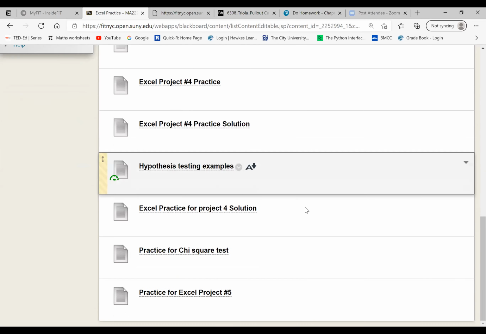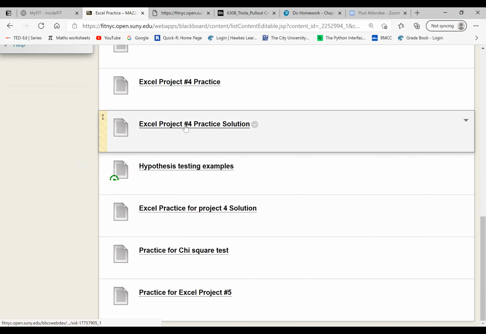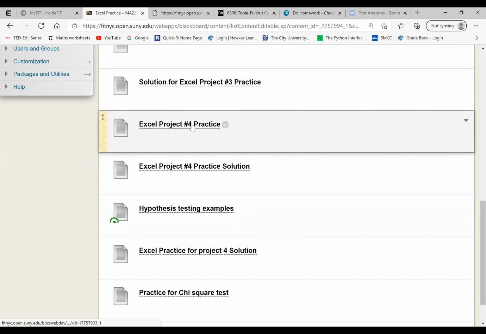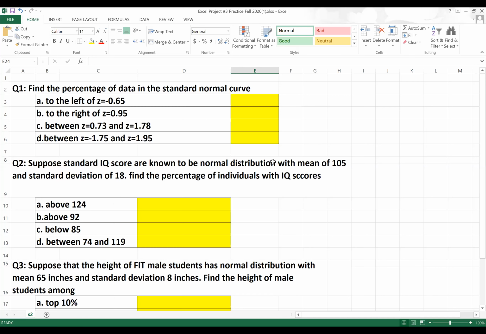You're going to see Excel project number 4 practice. Yes, open this file, Excel project number 4 practice, and then you will be able to see this file. Okay. And let's talk about this, right? Everybody open this.